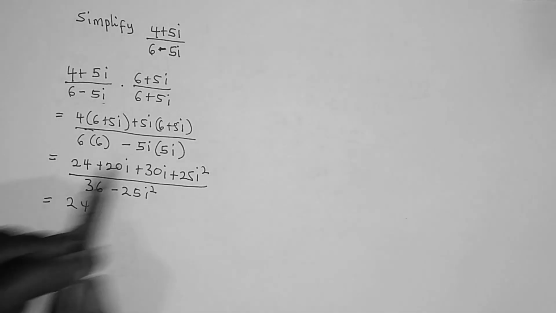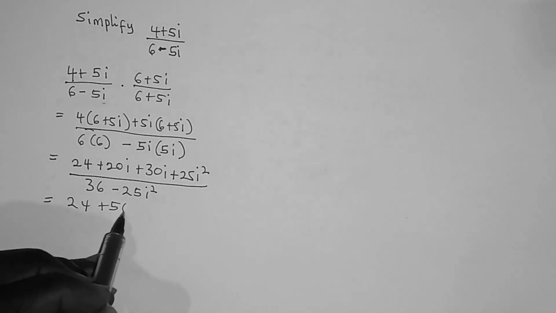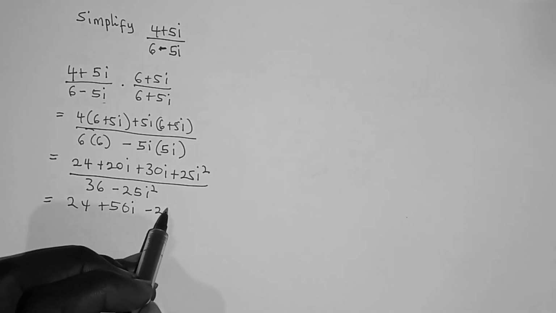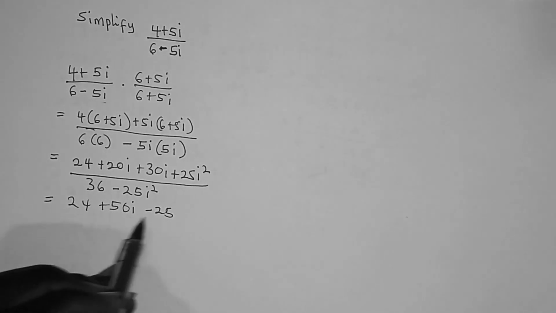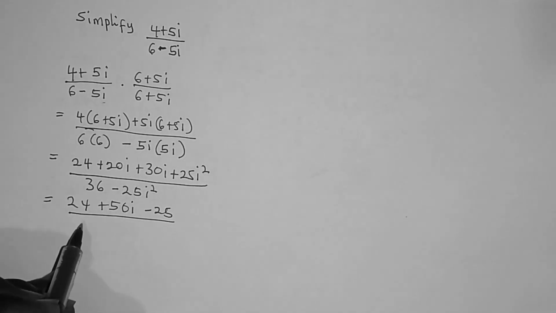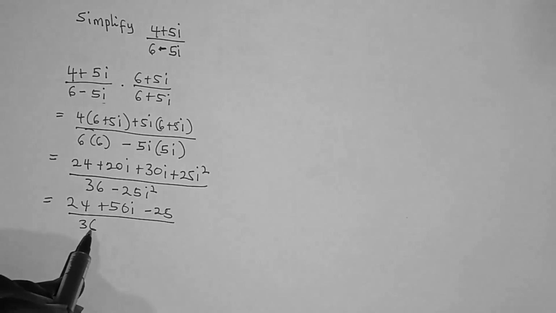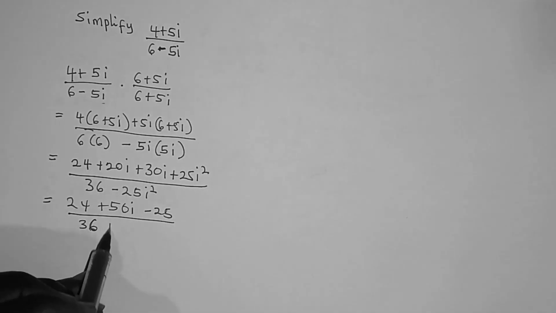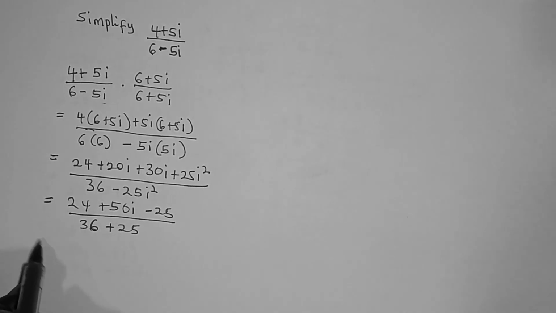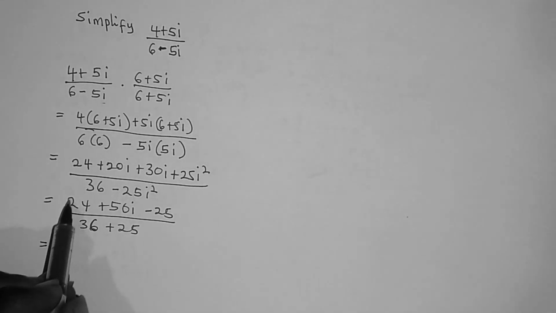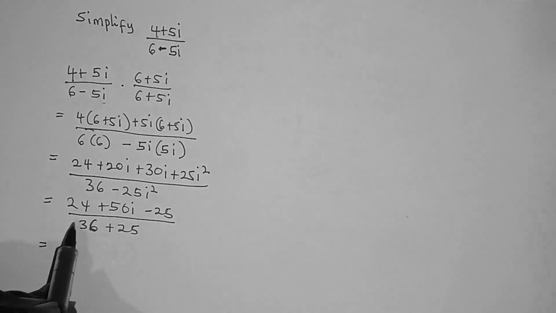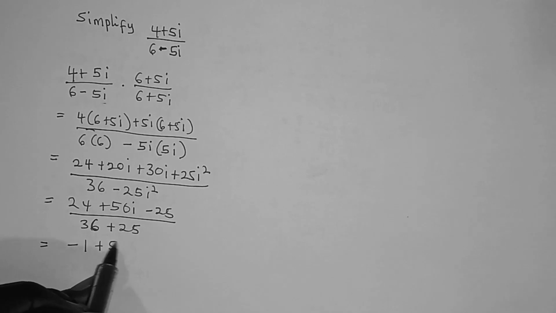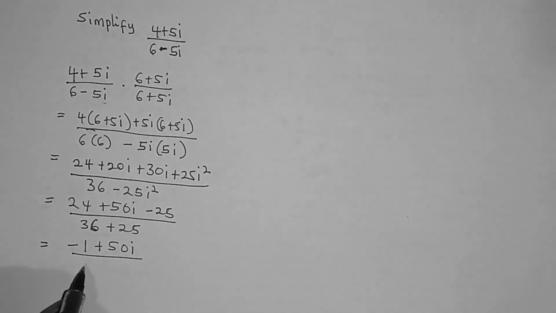Then 20i plus 30i is equal to plus 50i. Then plus 25i squared is minus 25 because i squared is minus 1. Divided by 36. Then minus 25i squared is minus 25 times minus 1, which becomes plus 25. This is equal to 24 minus 25 is minus 1 plus 50i divided by 36 plus 25.